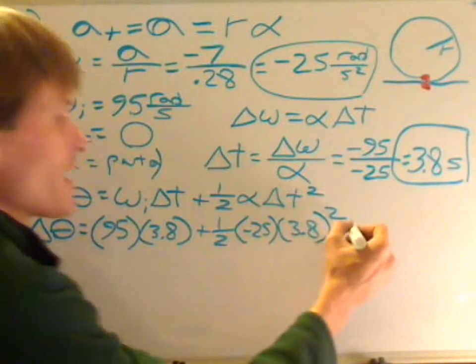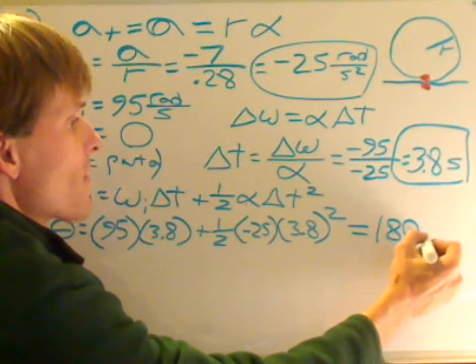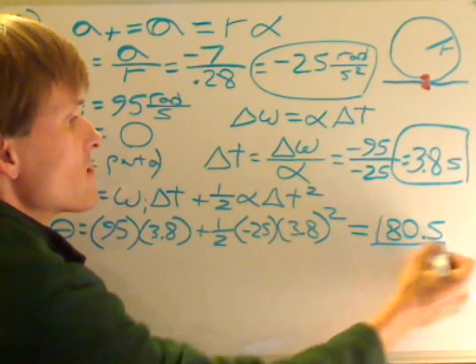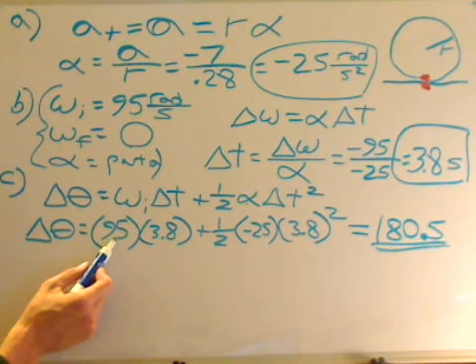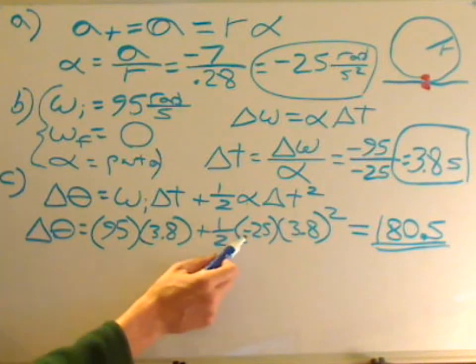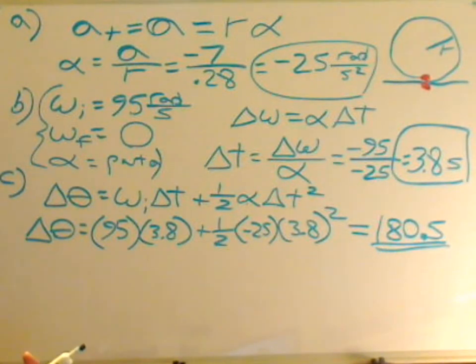So you do this calculation, you get the number 180.5. Now, that's in radians, okay? Because all these values were in radians. This is radians per second squared. So that's radians. We're asked about revolutions.